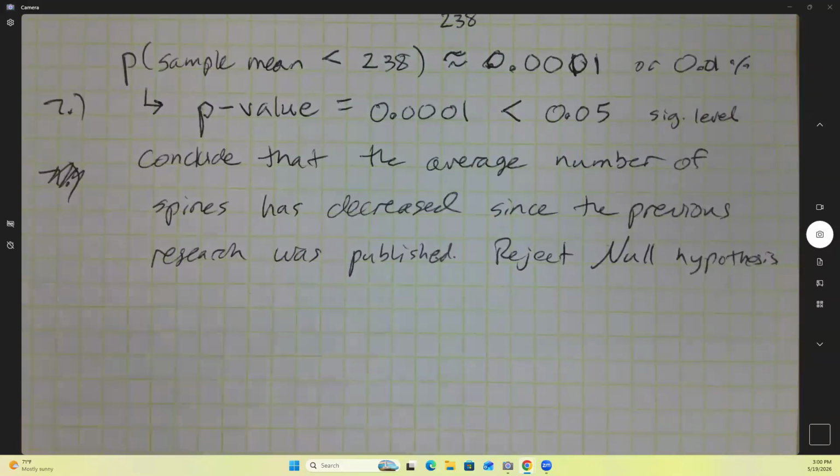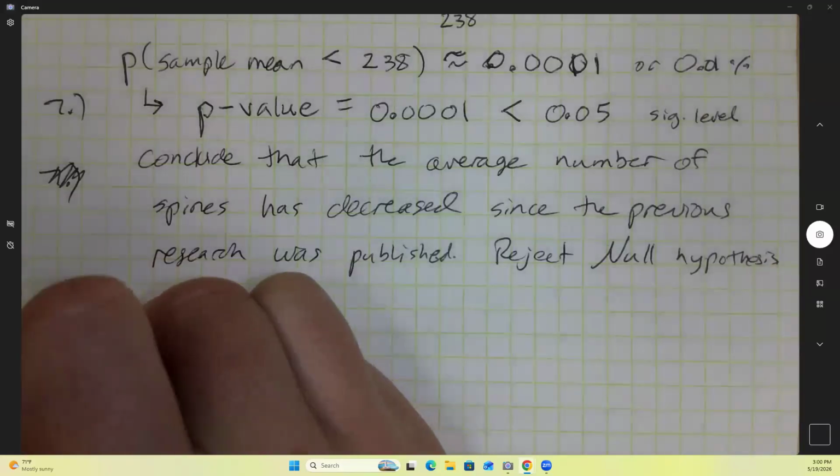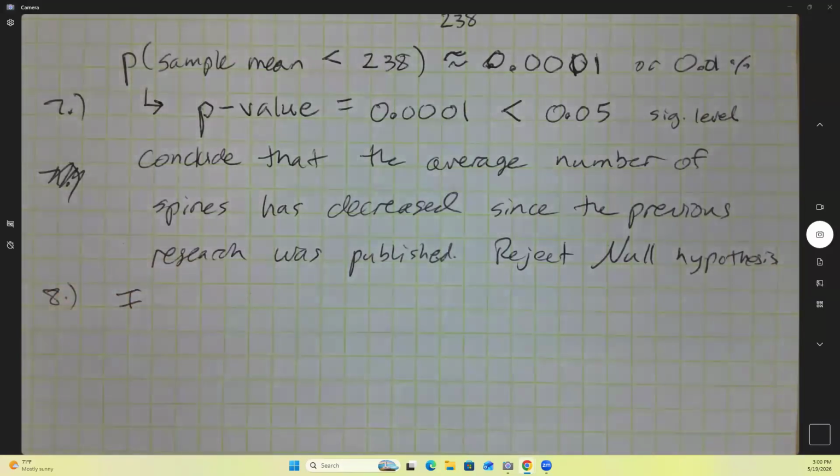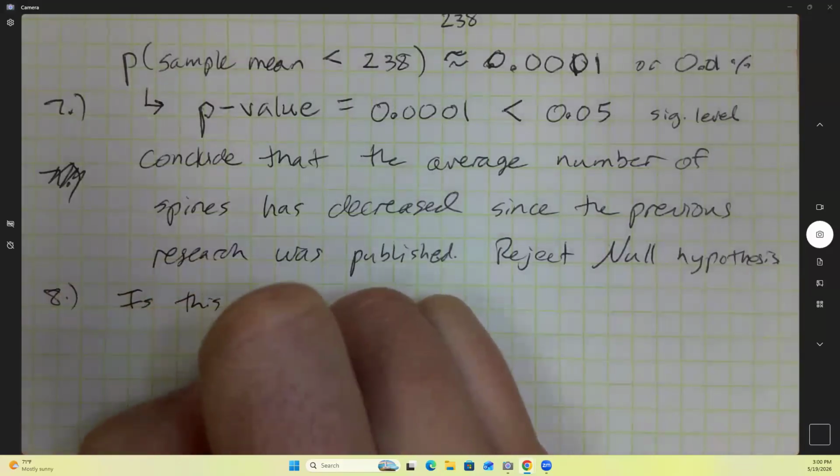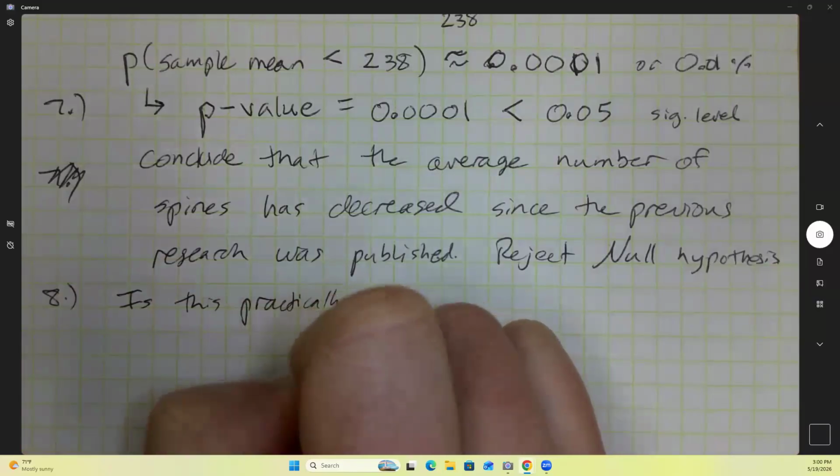Cool. What's step 8? Yeah. So we've concluded that this is statistically significant. But now we ask ourselves, is this practically significant?